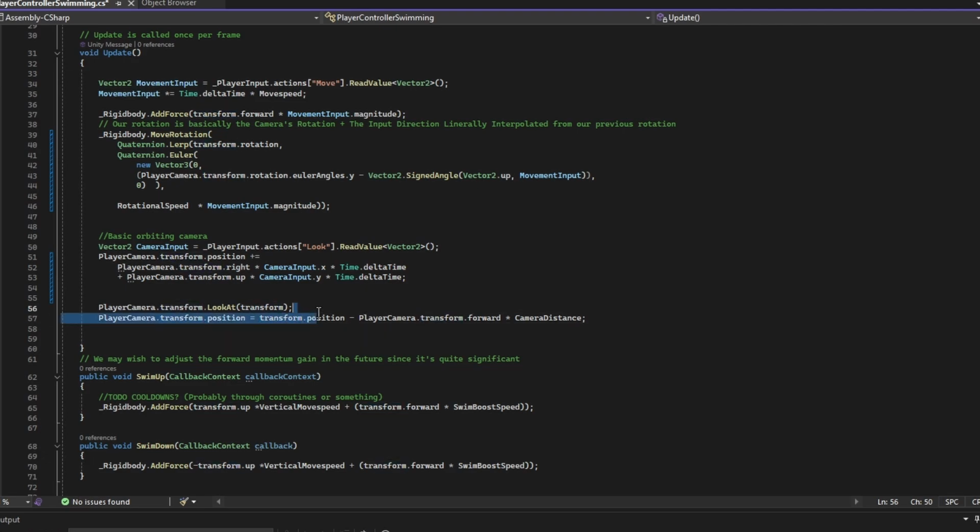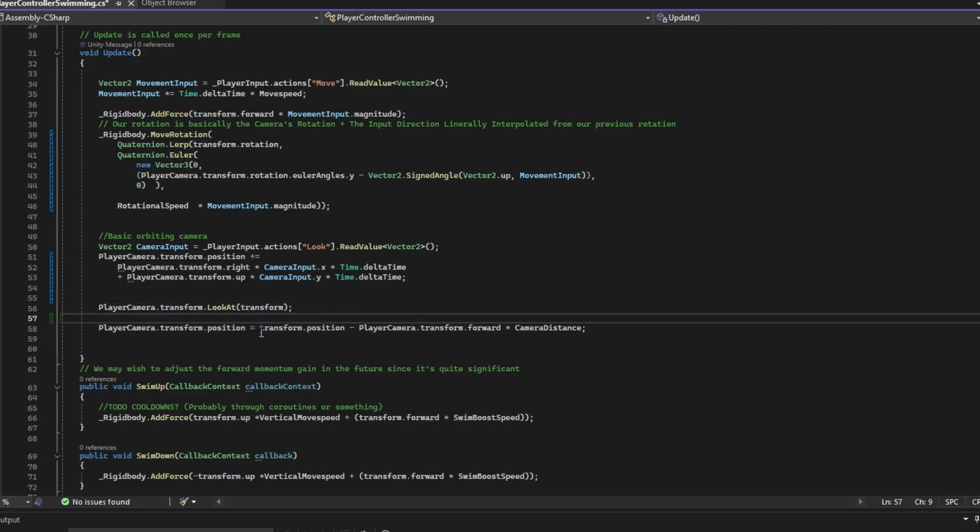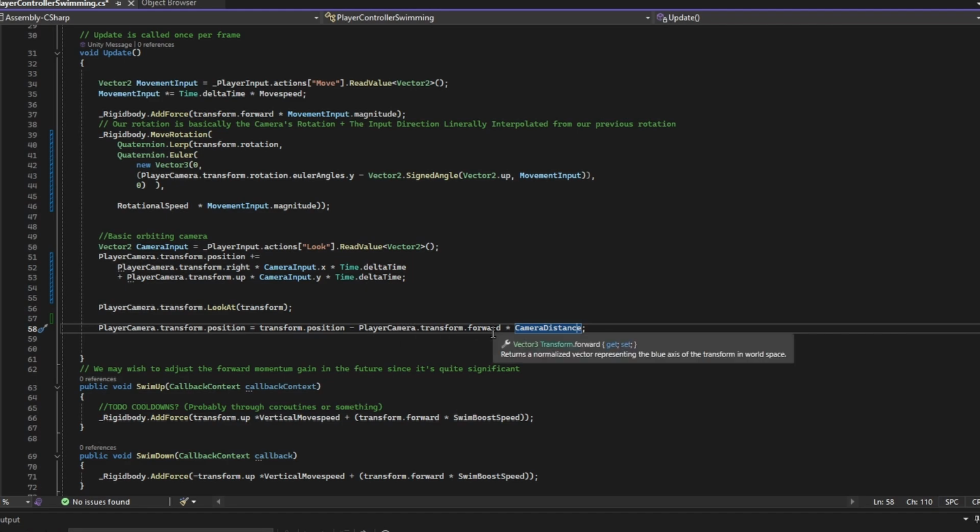And then we have player camera.transform.position. This is going to be moving the position of the camera. So transform.position minus player camera.transform.forward times camera distance. So basically, we're moving it from the transform.position, or the player's position, in the forward direction, which is why we're subtracting it, because we don't want to move past the player, we want to move away from it, times the camera distance.